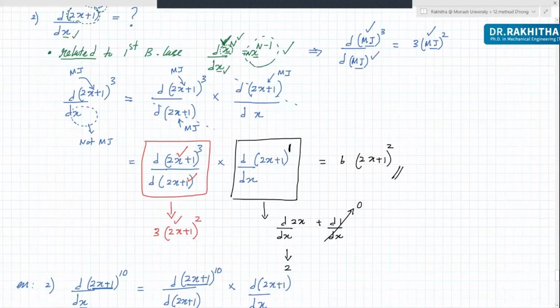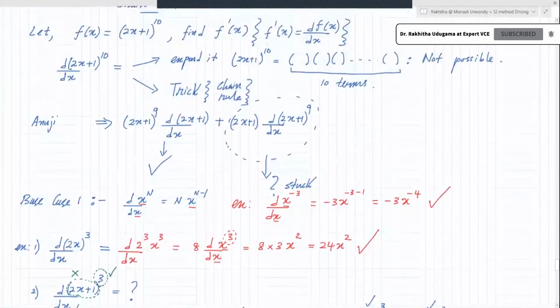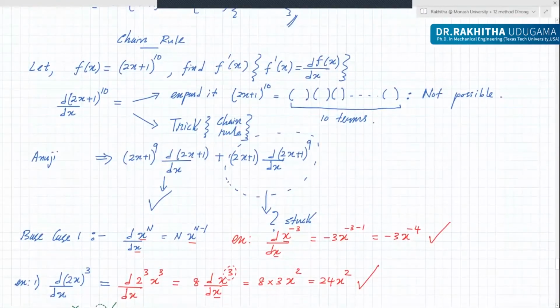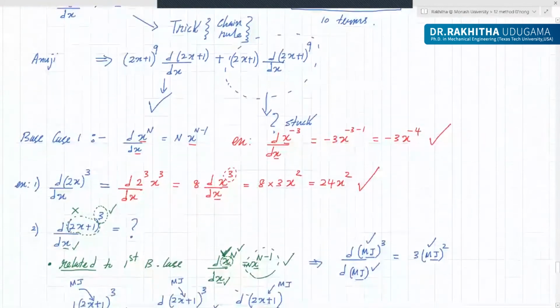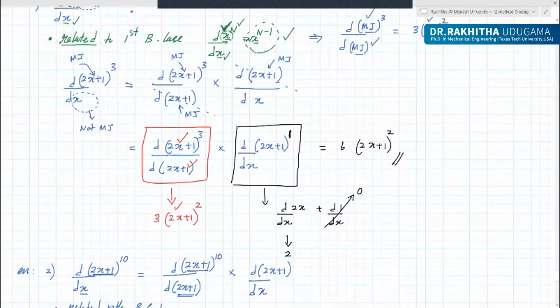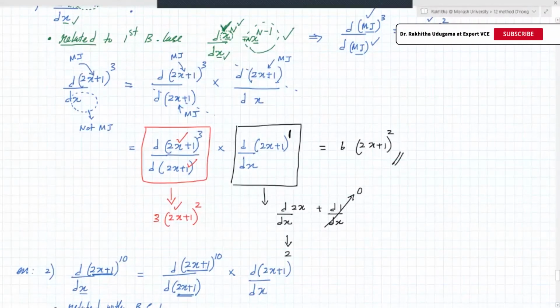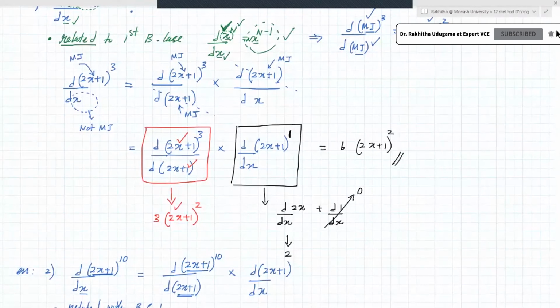Now, why is this lesson called chain rule? Who can tell me? The name of the lesson I started is chain rule. Who can tell me why people say this technique is chain rule? You understood the technique, right? Construction, looking at MJ. Those are my words, okay? Everybody is not going to teach you in this way.